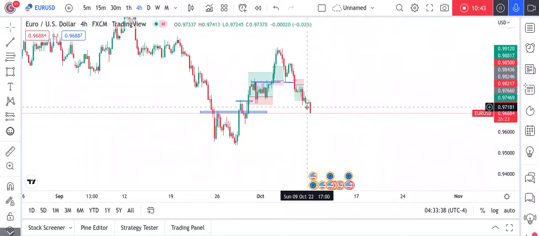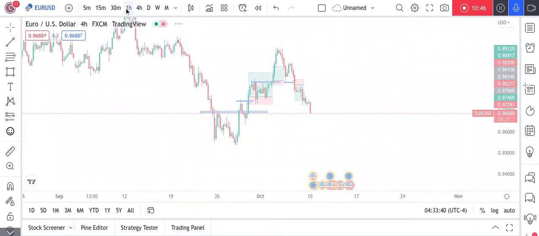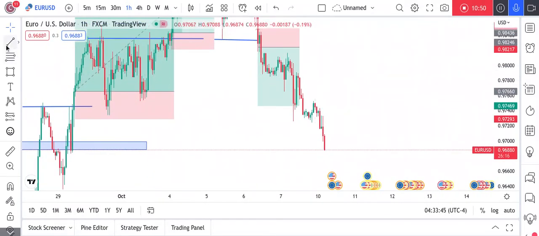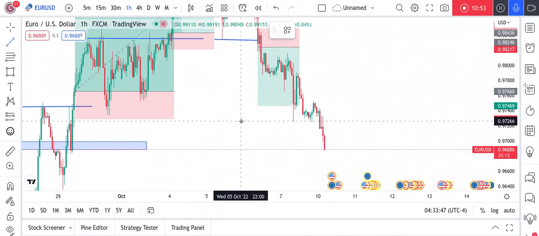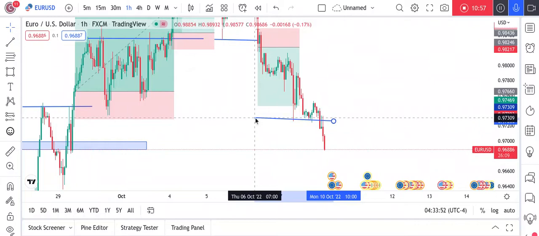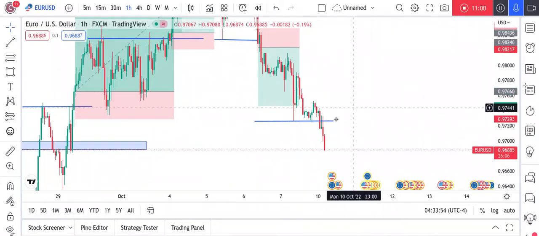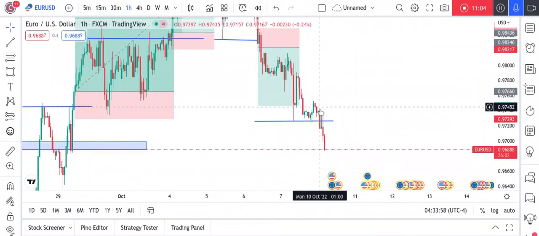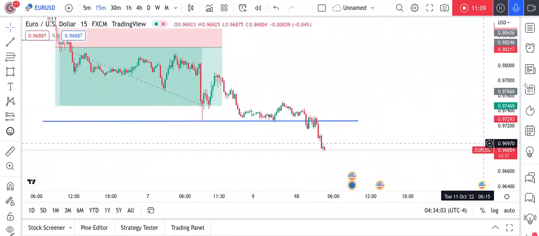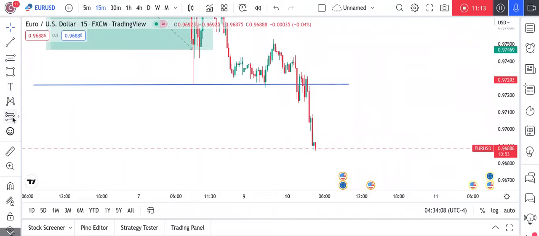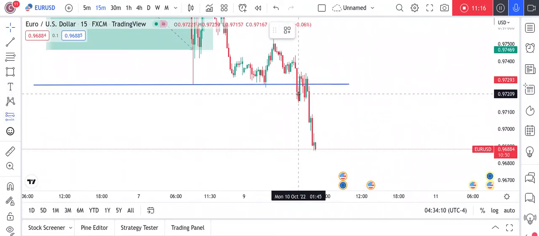So there we got an entry here. Going to the H1, we mark out that low. By marking out this low that took out the previous low, we want to see price do a liquidity grab and close below. So going to the 15 minutes, we can see that price gave a really good trade here by closing here.